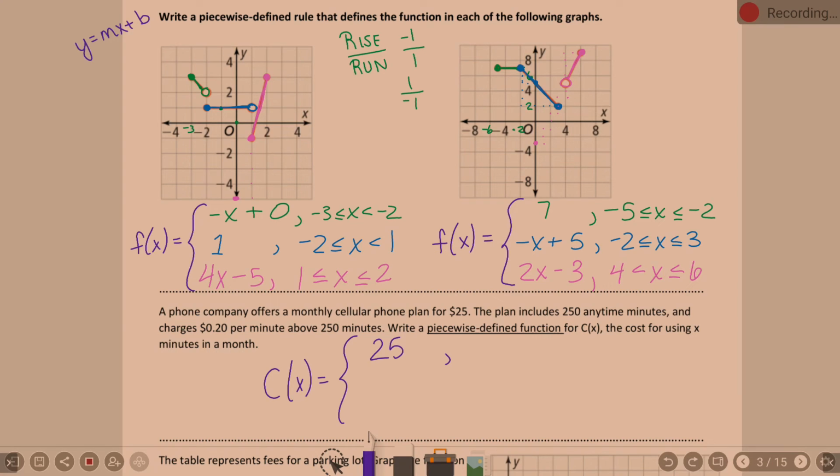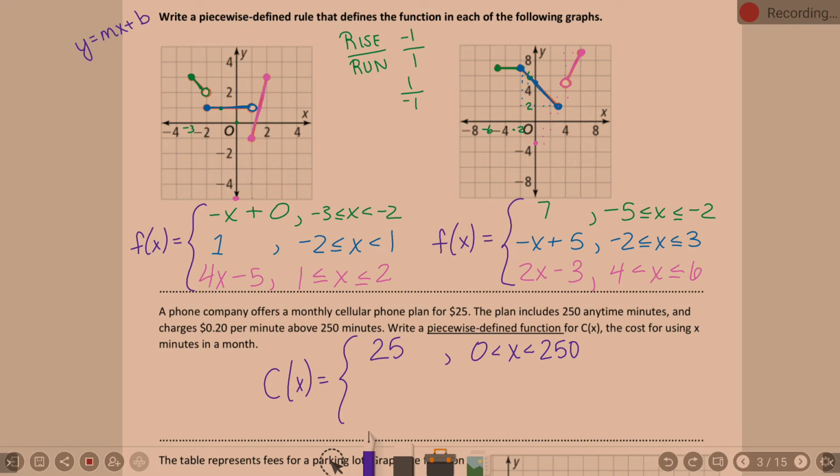On what domain? When is my cost 25? 0 to when? 250. 250 minutes, right? Anywhere from 0 minutes to 250 minutes. So I'm going to write this like I did in other places: 0 less than x less than or equal to 250.